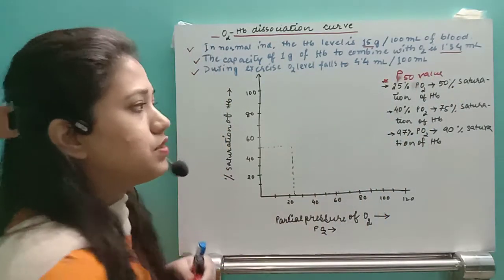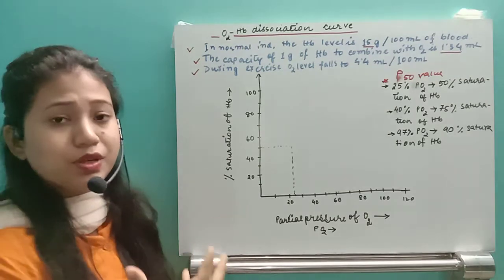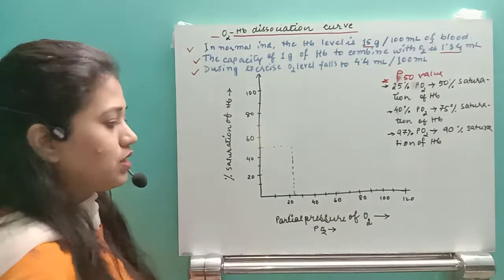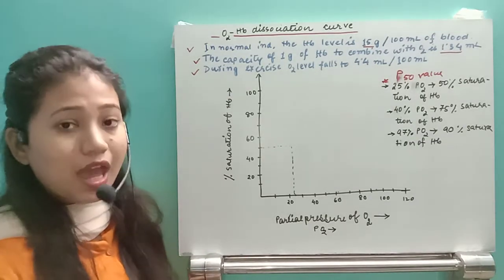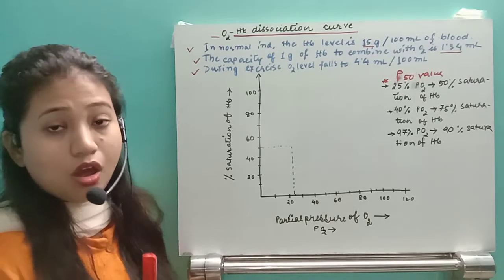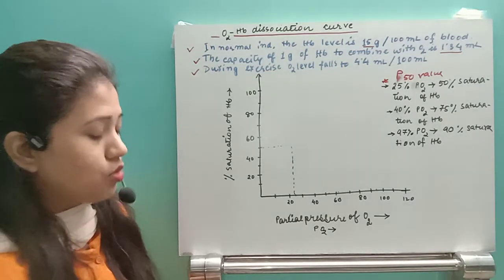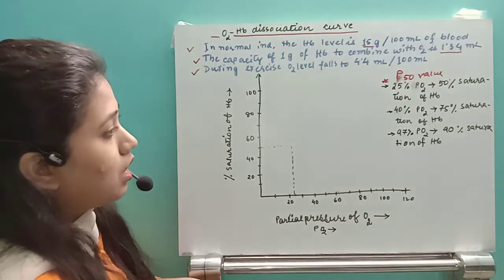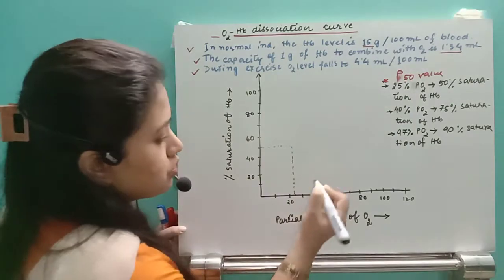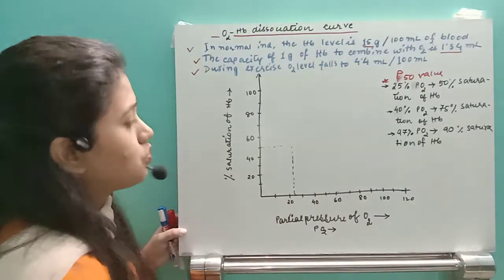So what is that P50 value? It is the partial pressure at which 50% of the hemoglobin gets saturated. So this is 25% partial pressure, at which 50% of the hemoglobin molecules will bind with the oxygen. The next one: whenever the partial pressure of oxygen is around 40%, then around 75% saturation of hemoglobin occurs.